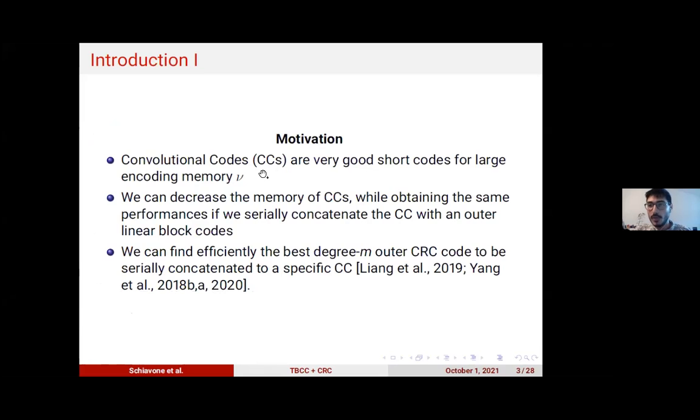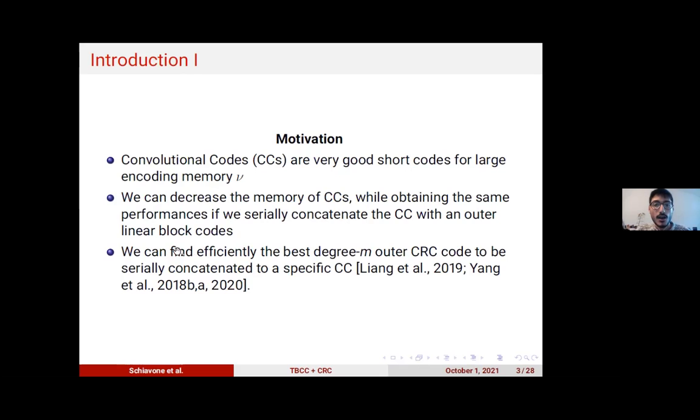But the problem is that the larger the memory, the more complex the decoding of these codes is if we use some particular decoders. An interesting thing is that the concatenation of convolutional codes with outer linear block codes allows us to obtain the same performance while decreasing the memory required, so decreasing also the complexity.